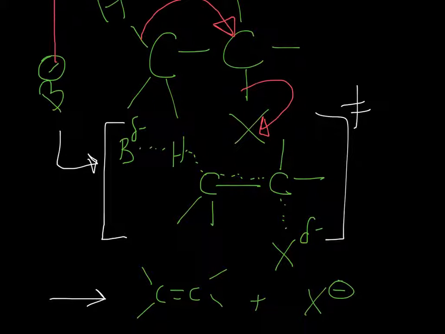And technically you have an HB, whatever that base was, it's protonated. All right. And so that's the E2 mechanism for dehydrohalogenation, which is a little different than the E2 mechanism for the alcohol since you had to protonate first.